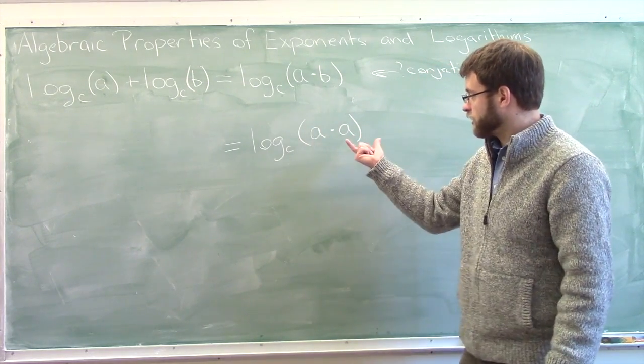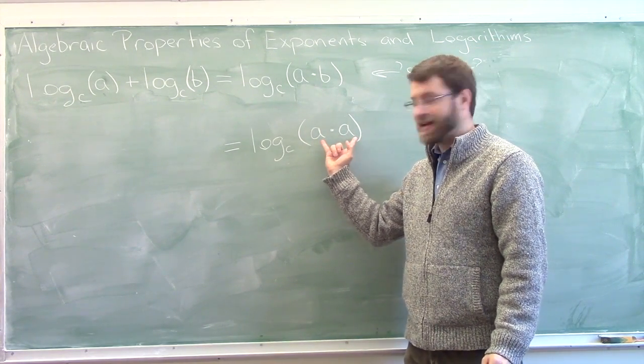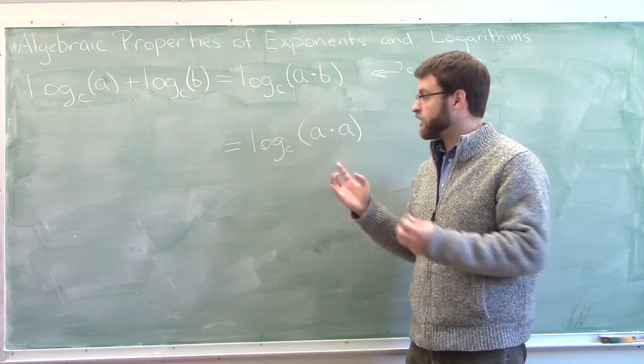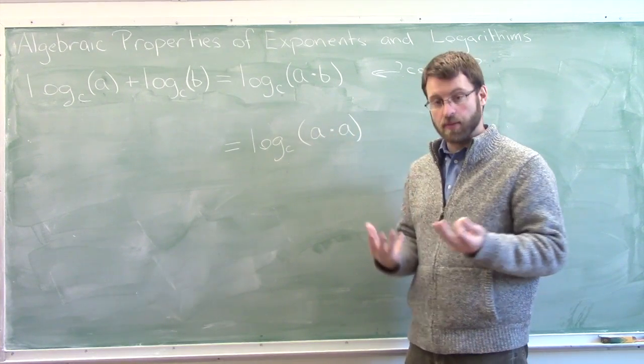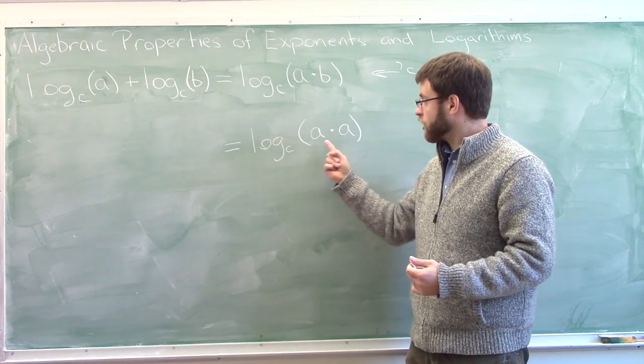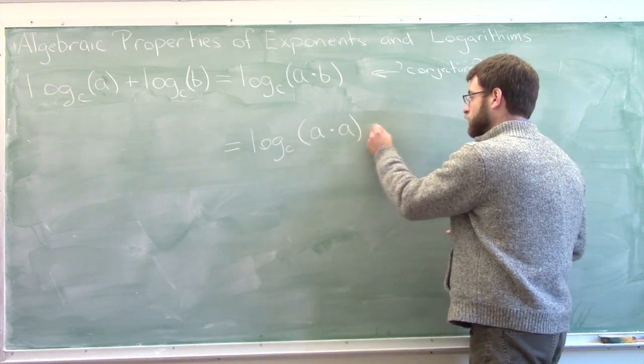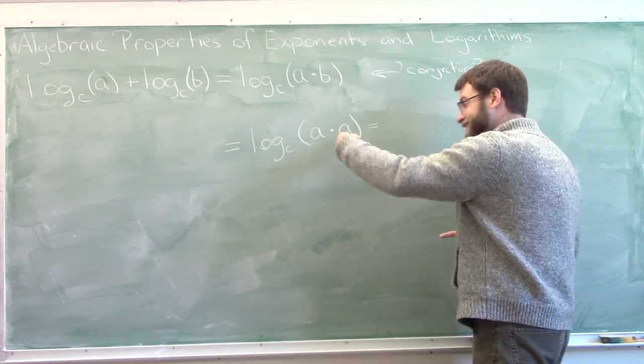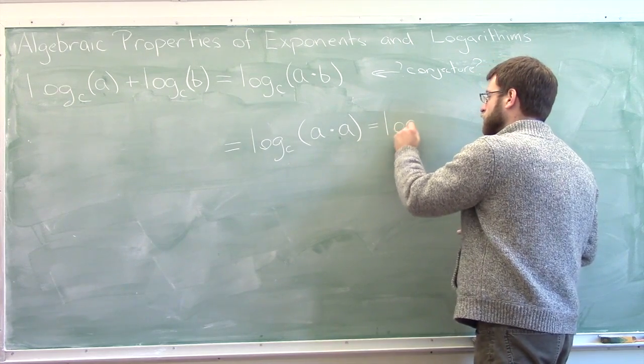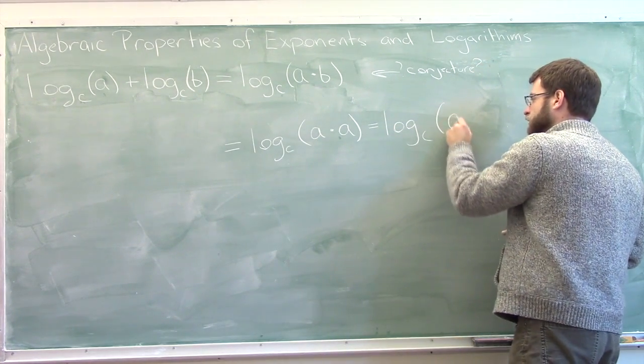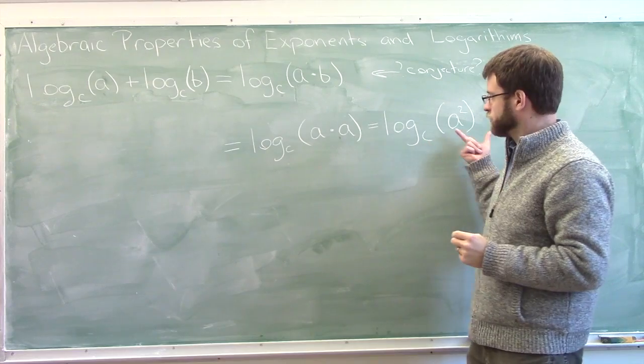That's how I want to think about it. If I think about this as a times a, there are different ways that I might expand or manipulate this notation. Log of a times a, if I want to use exponent notation inside the logarithm, can be written as log base c of a squared.